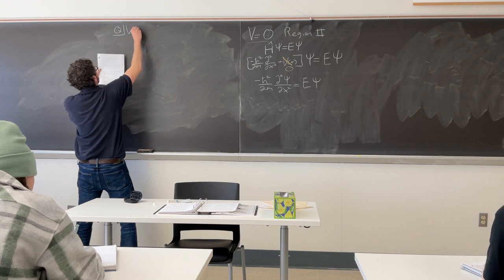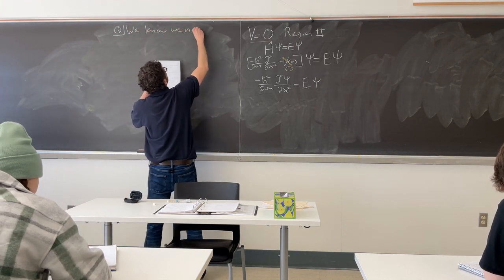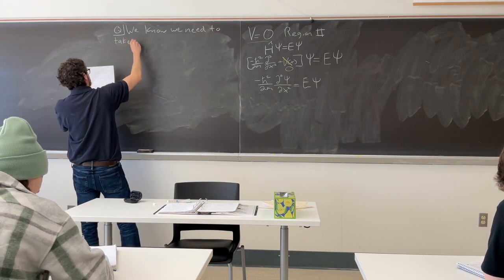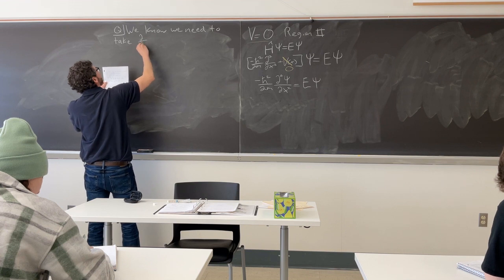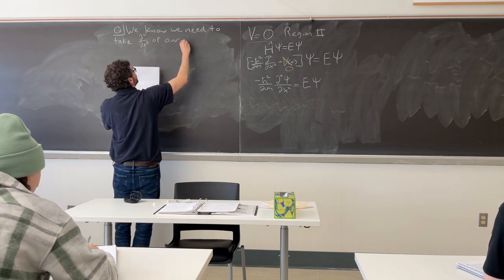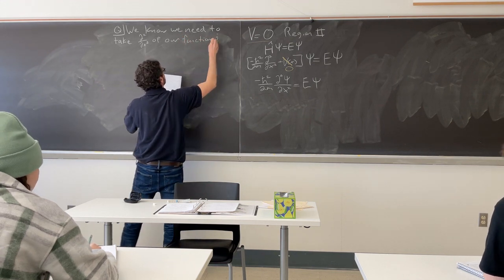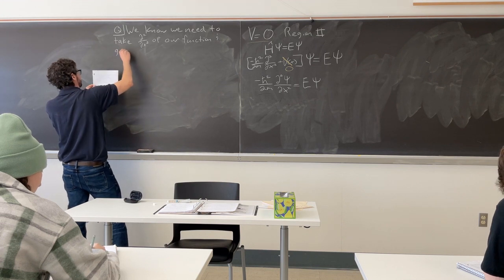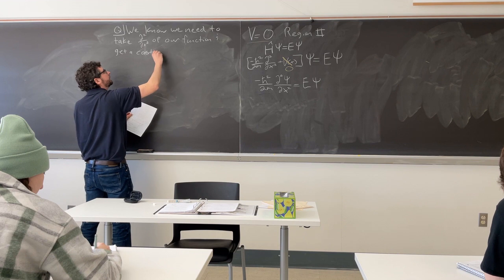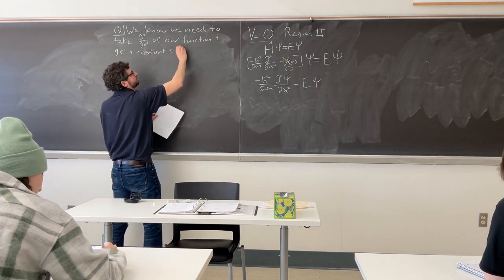We know we need to take a second derivative of our function and get a constant plus, or well, times the same function.